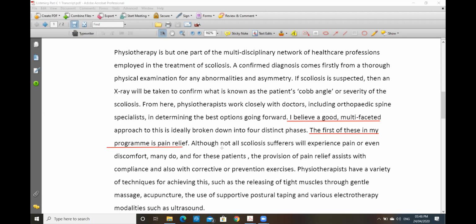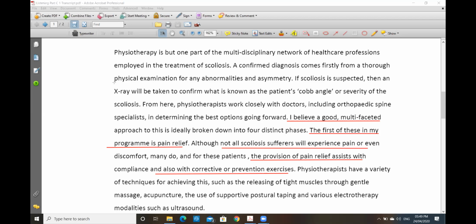So maybe not all patients would have pain, but provision of pain relief assists with compliance and also with corrective and preventive exercises. And then there are a variety of ways to achieve this. So nothing about medication as such.